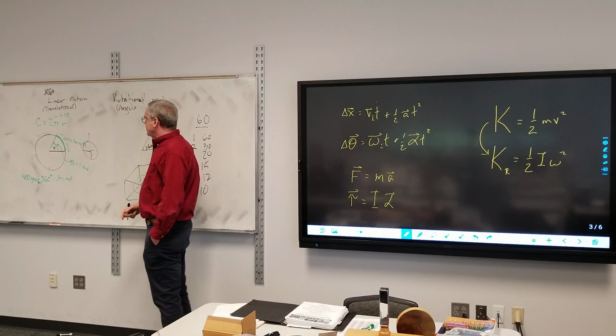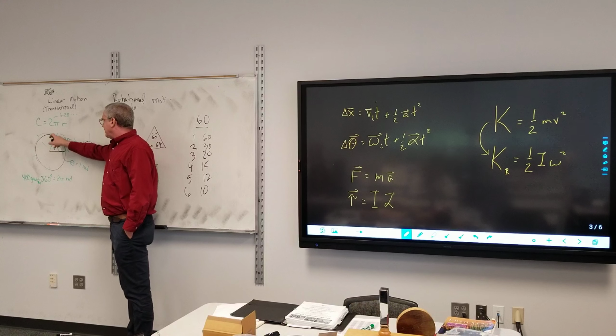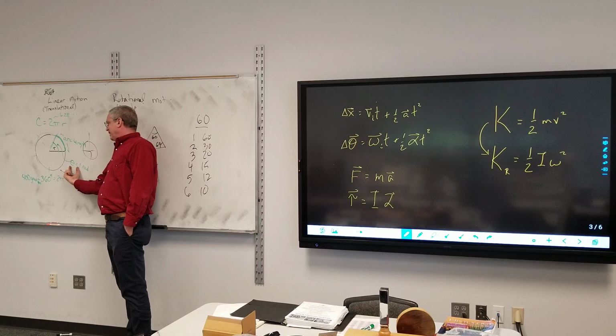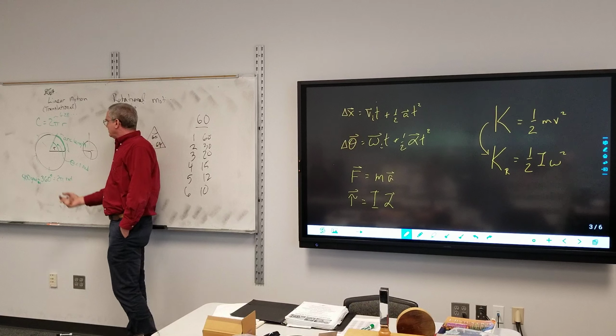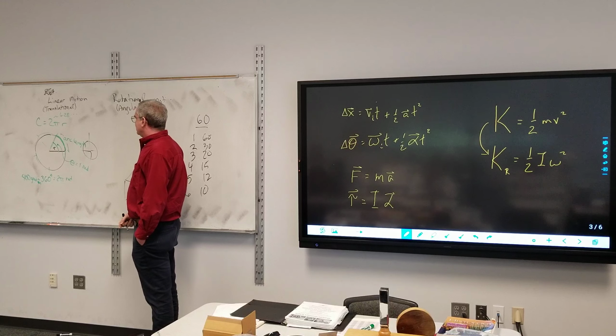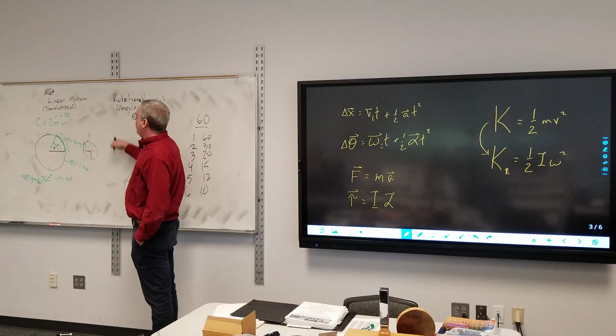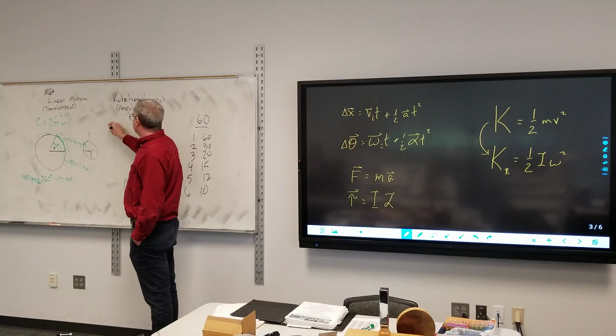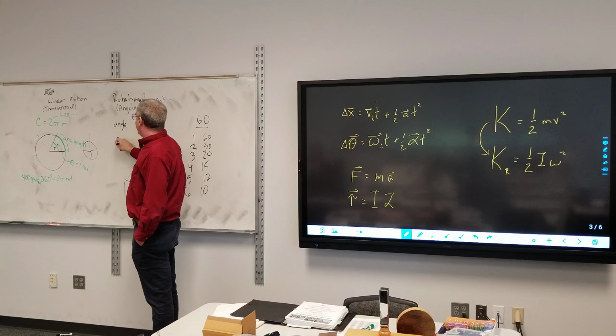So there's this relationship between the radius, the arc length, and the angle. So I know that if I go all the way around the circle, my angle is 2 pi.